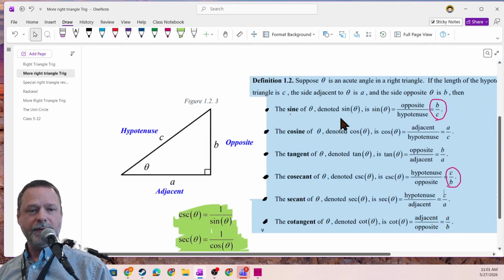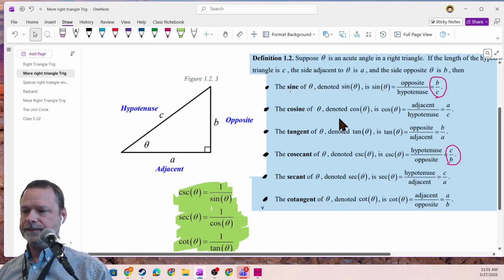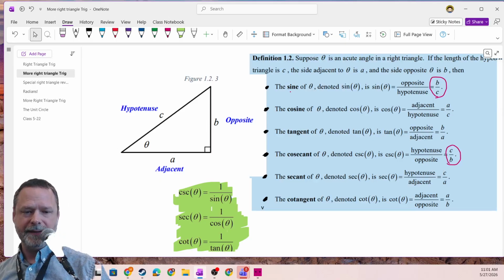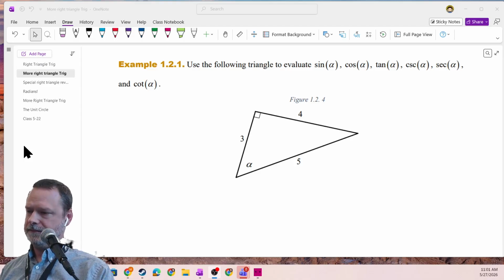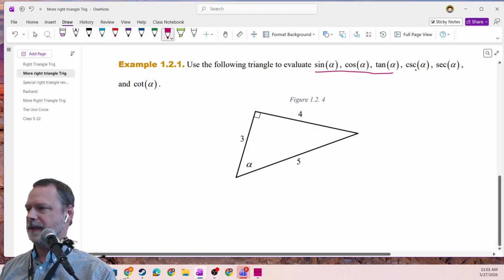I did want to do some examples. So let's do a quick example and we'll end this video. Here's an example. We did sine, cosine, and tangent before, so let's not waste our time on those.